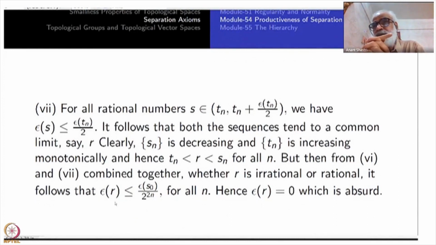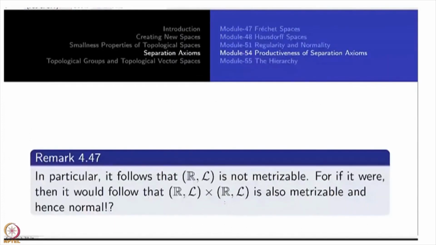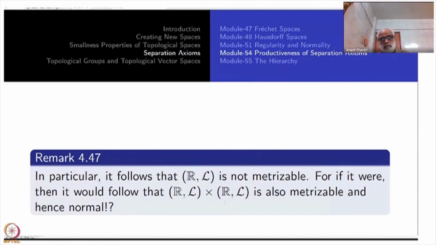So contradiction is to the fact that we can choose open rectangles around each point on the diagonal, such that one set of rectangles are inside U, others are inside V, and they are disjoint. One small observation is that this semi-interval topology is not metrizable.